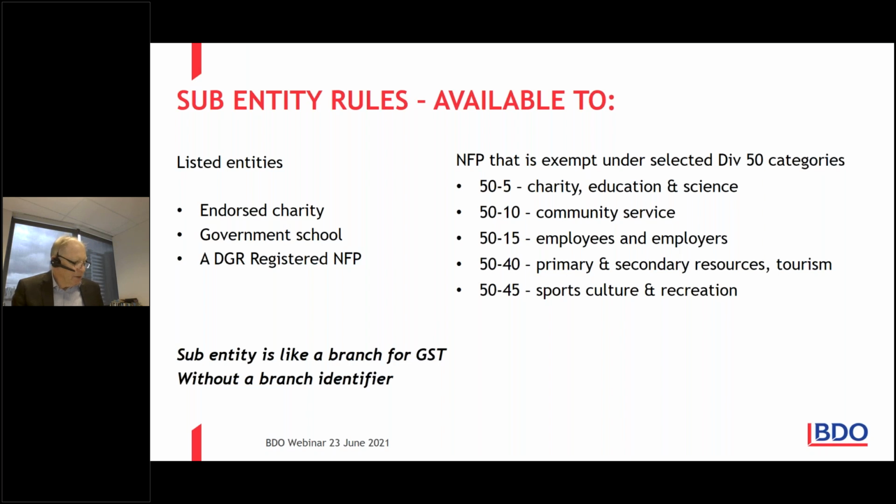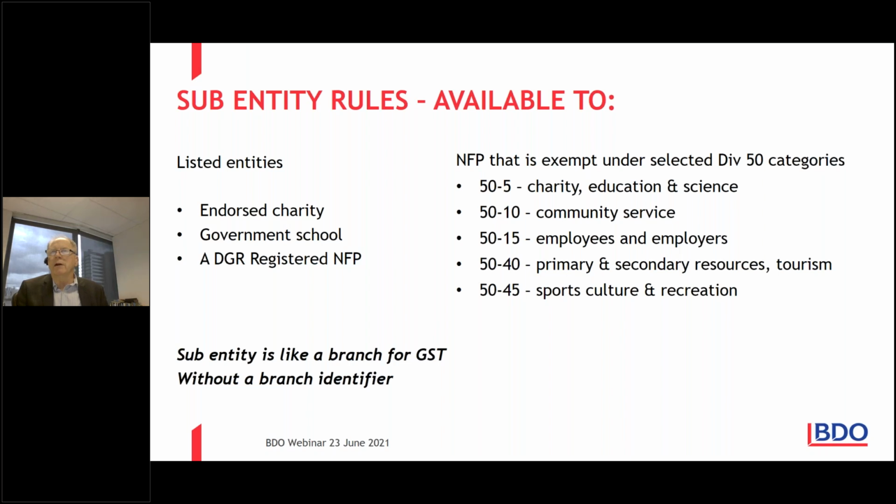The other category of entities is those that are not-for-profits that are exempt under the Income Tax Act of Division 50, that's what we'll be looking at in more detail shortly, but it's only in specific categories.